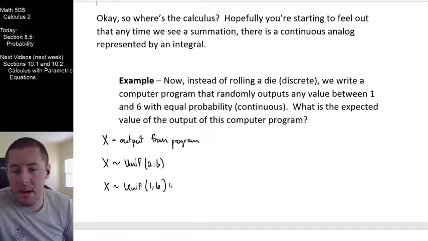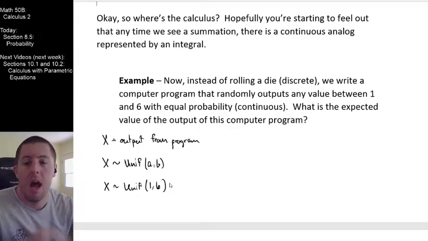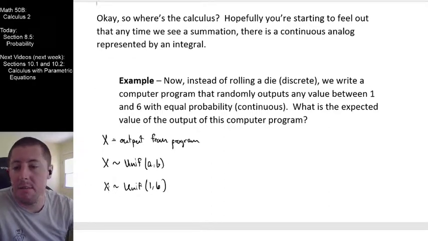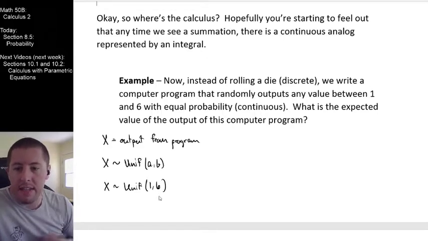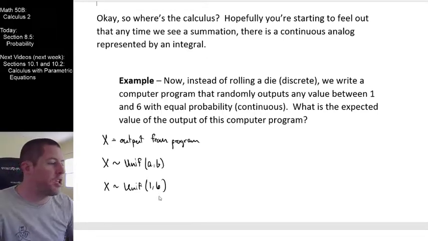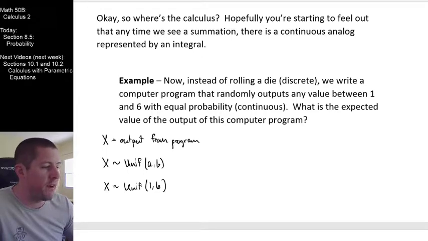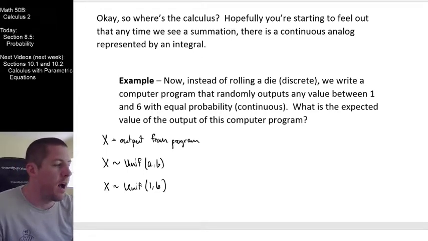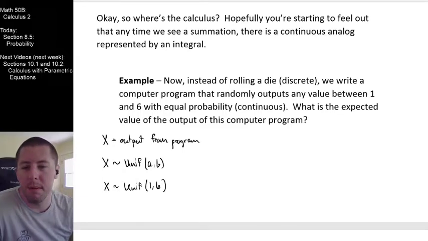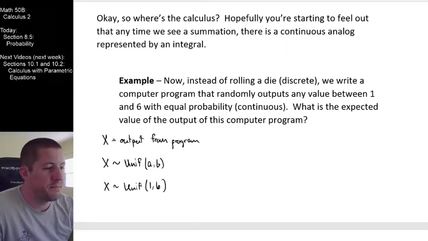This is the way that a probabilist or a statistician would convey this type of information to somebody else. We'd say X is distributed according to a uniform distribution from 1 to 6. Unif(1, 6) is notation for a variable that is uniformly distributed across all values from 1 to 6. And so what does our probability distribution function look like?